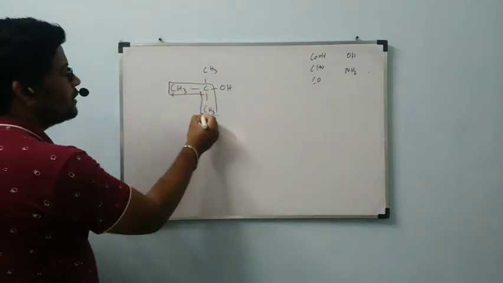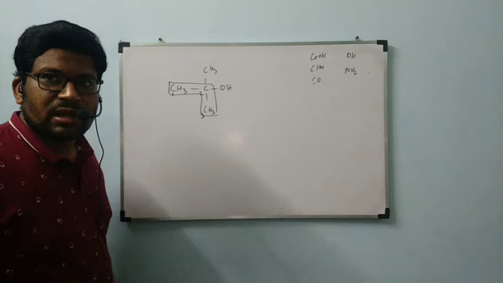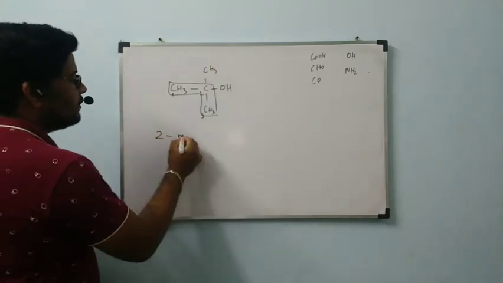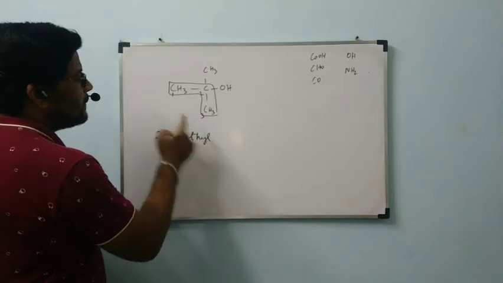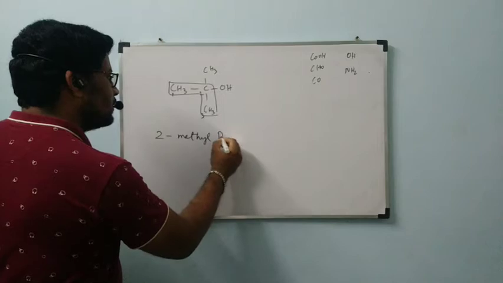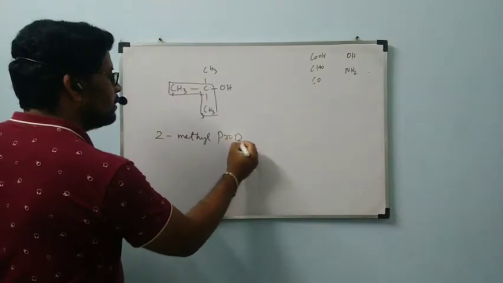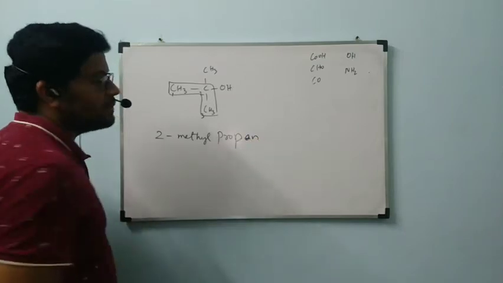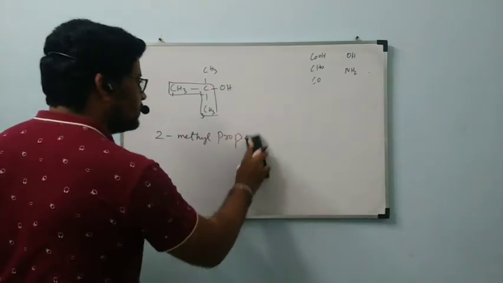1, 2, 3. Now the name of this compound will be: on the second position a methyl group is there, 2-methyl. The parent chain contains how many carbons? 3 carbons, prop. Propan, all are single bonds only.